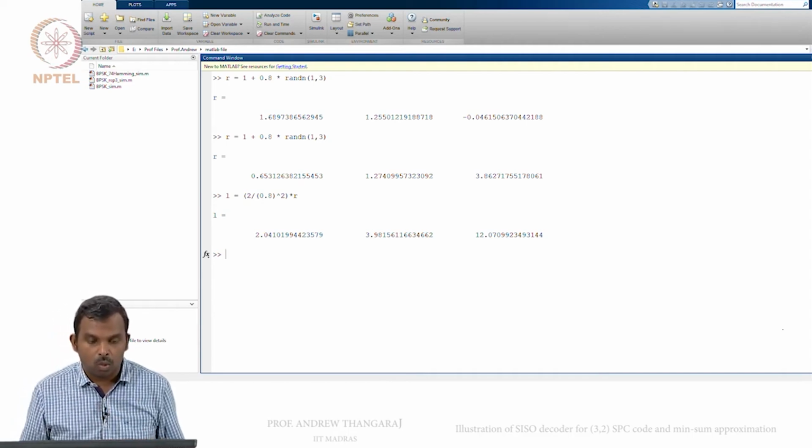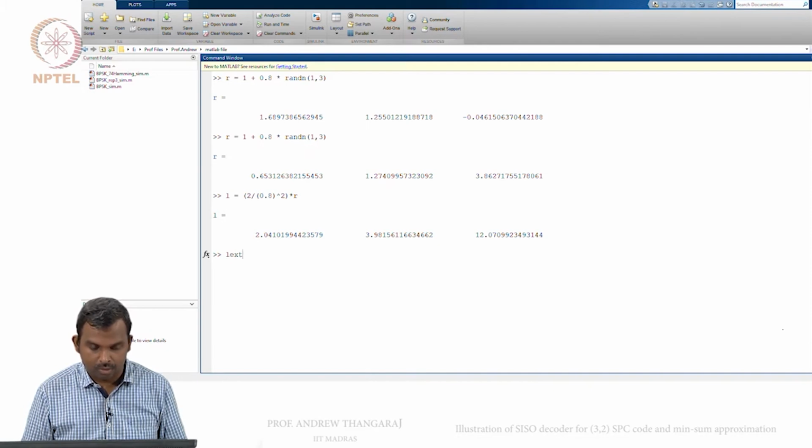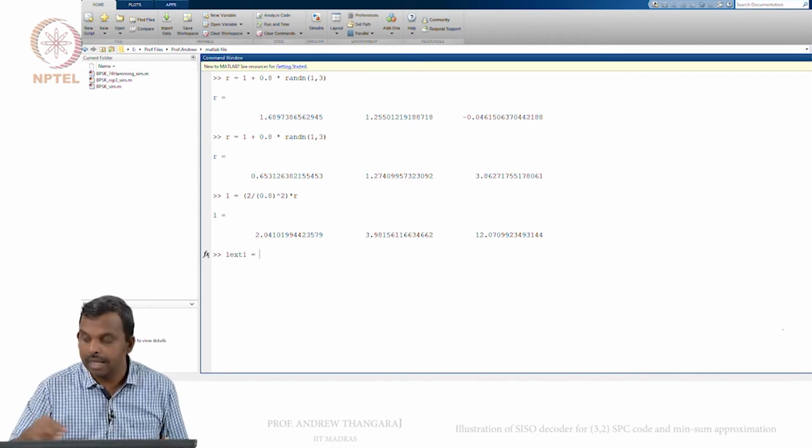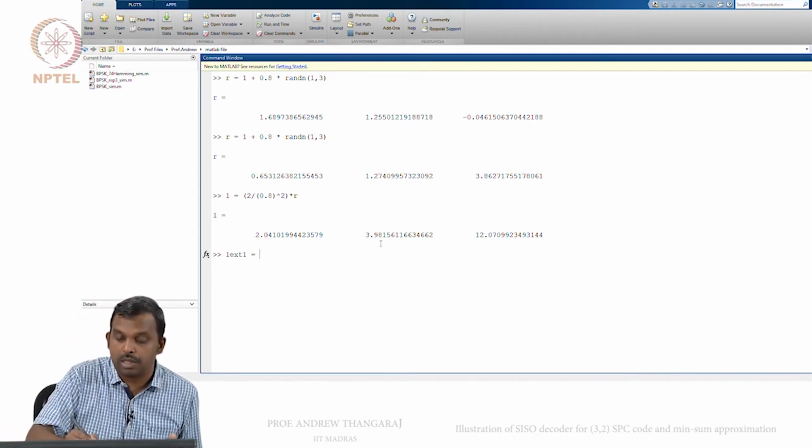Okay, now let's illustrate what happens in Lx1 calculation. So if you look at Lx for the first one, okay, so the sign is going to be the product of the signs of L2 and L3. So in this case, both L2 and L3 are positive.